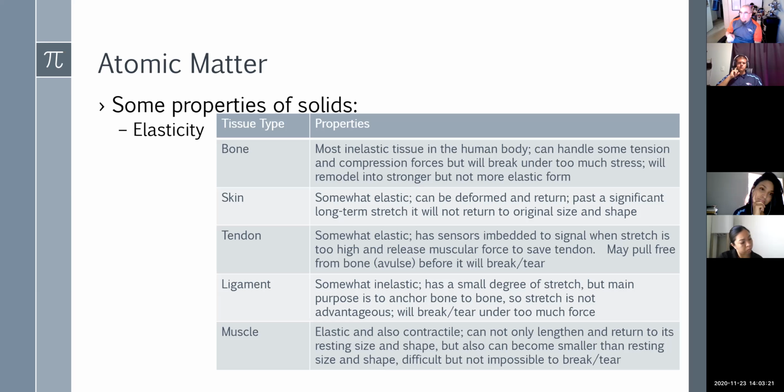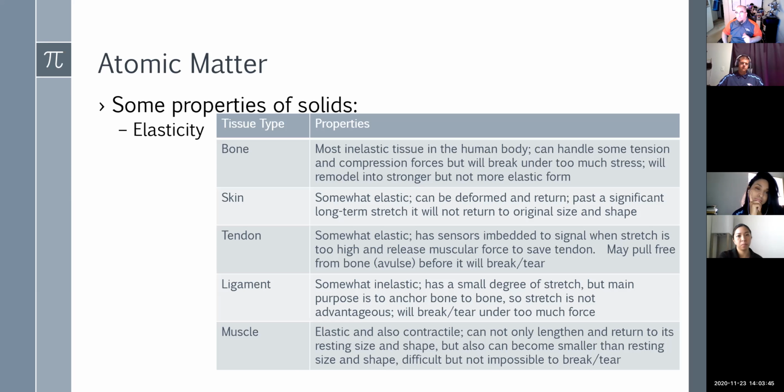Right? Ligaments. So remember, tendons are muscle to bone. Ligament is what? Bone to bone, right? When we talk about something like the ACL, the anterior cruciate ligament, it's attaching the tibia to the femur.